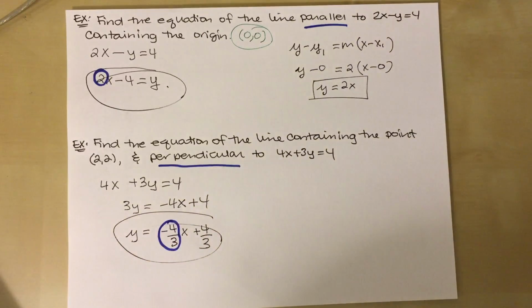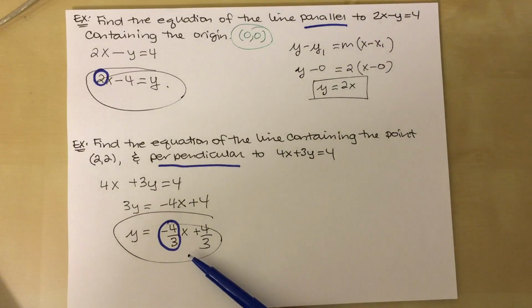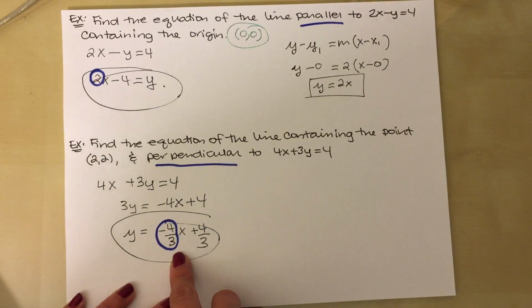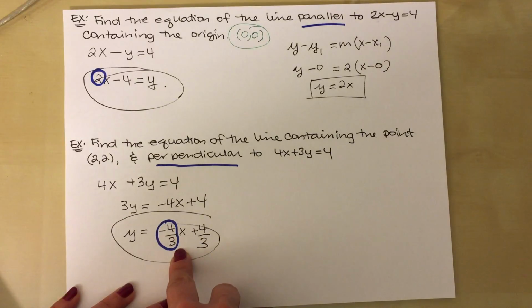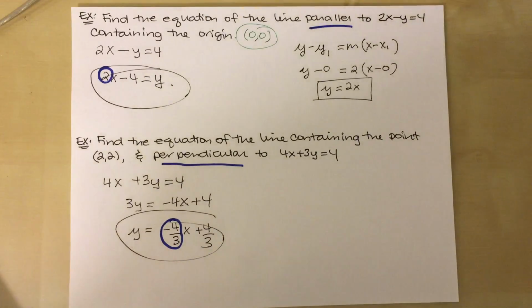The only reason we're solving for y again is just to get the slope. So a line that is perpendicular to this one has to have opposite reciprocal slope. So two things. The opposite of a negative number is positive, and the reciprocal is where you interchange numerator and denominator.